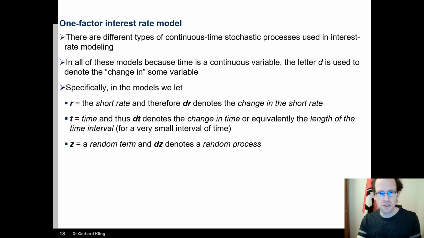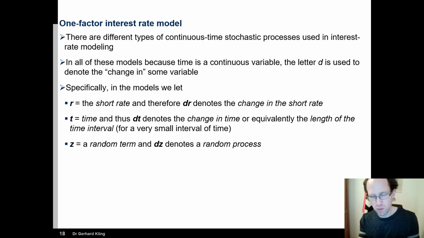Now, I introduce here a little bit of notation, which is fairly standard across the literature. So usually r would denote the short rate, dr would be the change in the short rate, so this is a first difference in terms of notation. t is time, dt is the change in time, so this is a very marginal, tiny time interval.